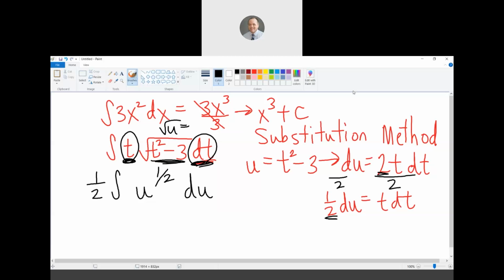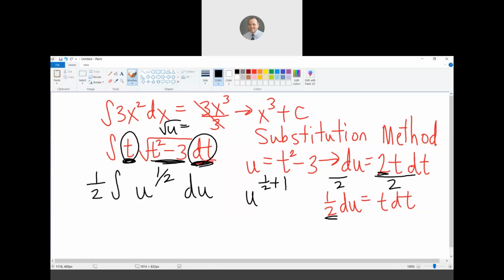Now we're ready to take the antiderivative. So undoing the power rule would simply be to add 1 to our original exponent.